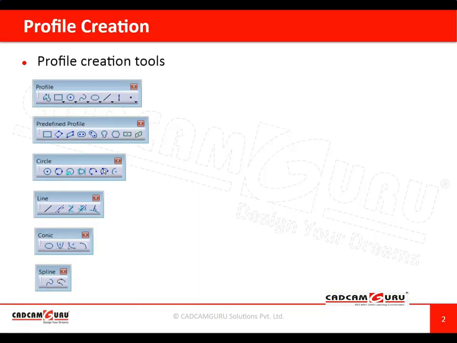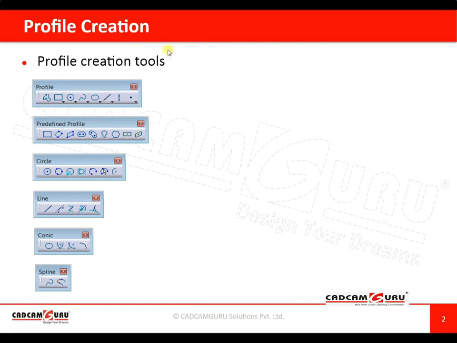Here you can see we have all the profile creation tools. Profile is the main toolbar, and predefined profile, circle, line, conic and spline are the sub toolbars of the profile toolbar.